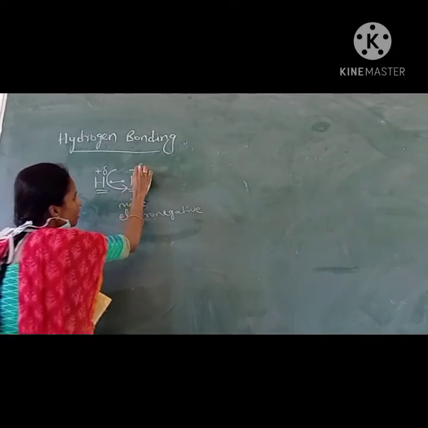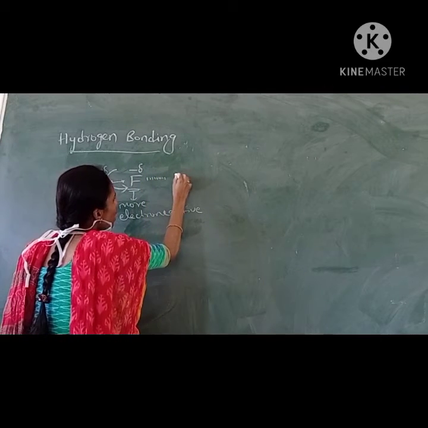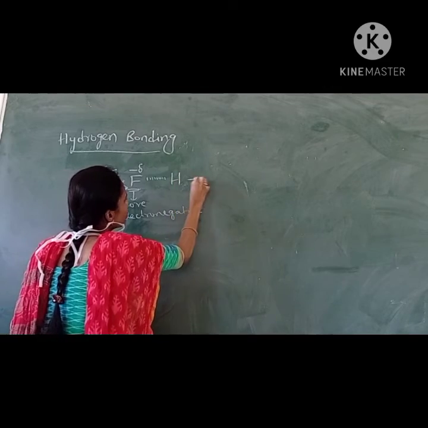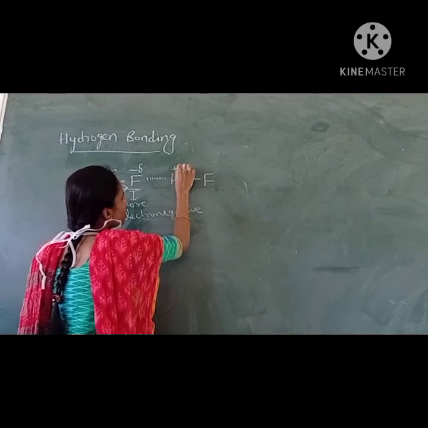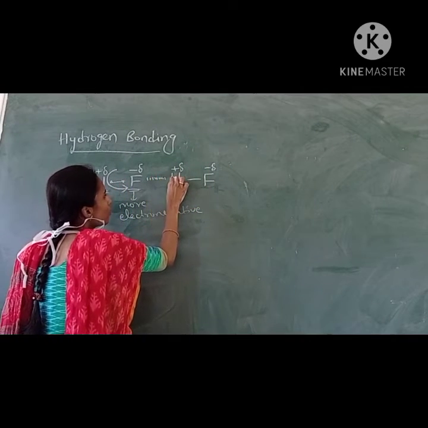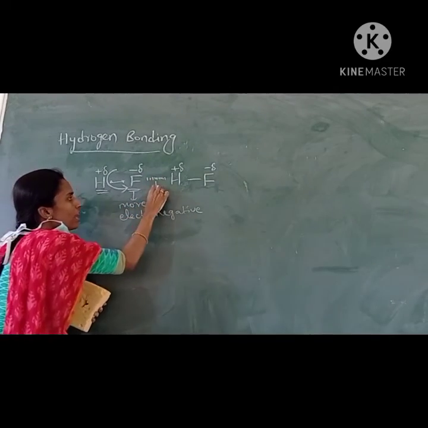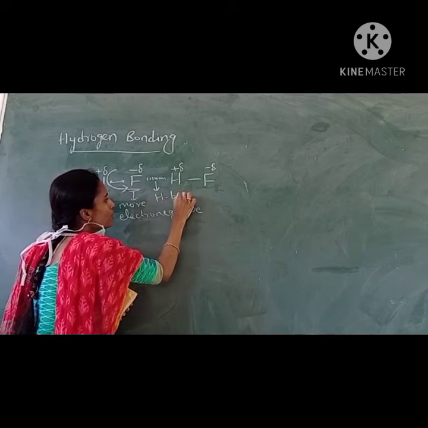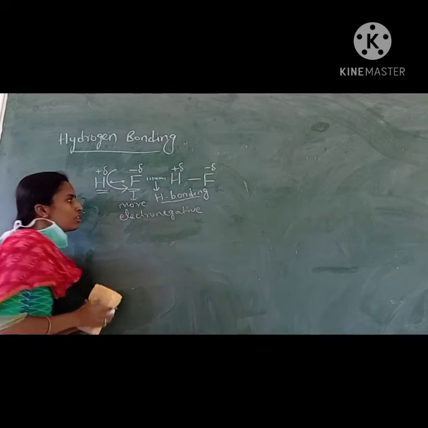This partial negative attracts another partial positive. If you take another HF molecule, it also has a partial positive and partial negative end, so it attracts the other positive end. This weak attraction is called hydrogen bonding, because hydrogen is involved in this attraction.